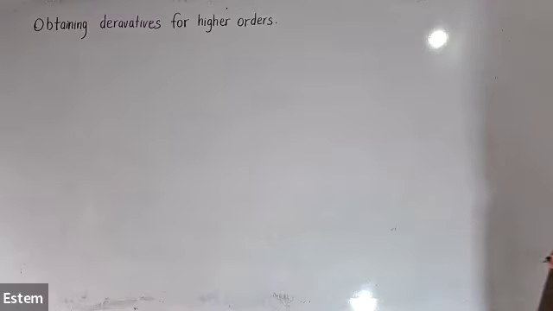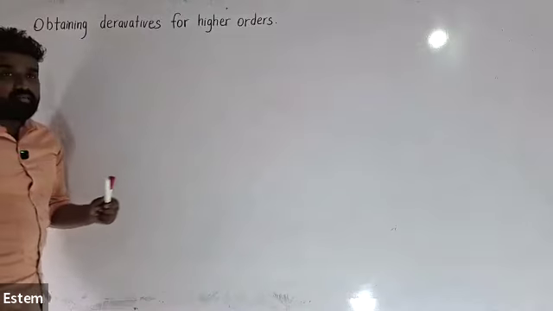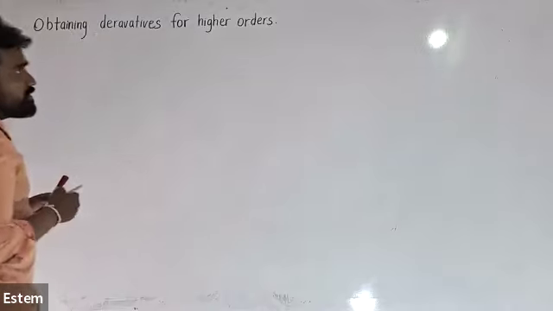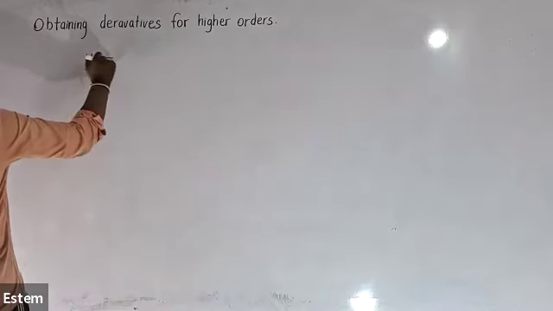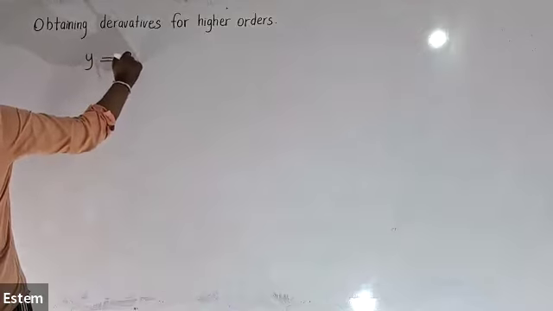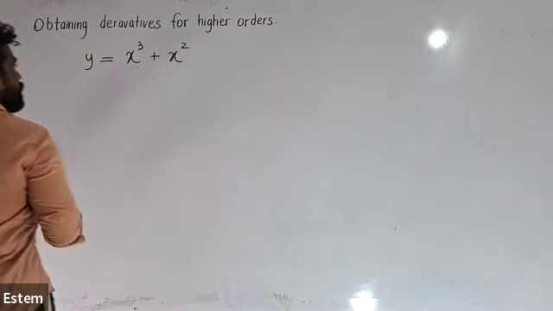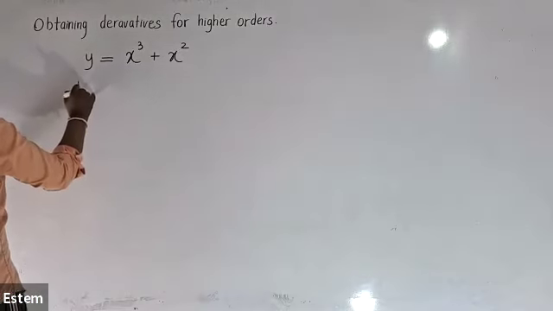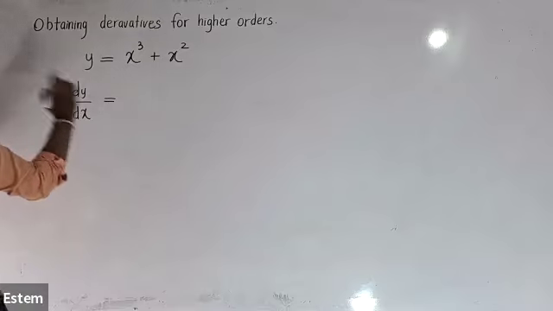Now, there is a derivative order. Derivative order means, think it is y equals x cube plus x squared. Then we can get dy over dx. This is the first order differentiation.